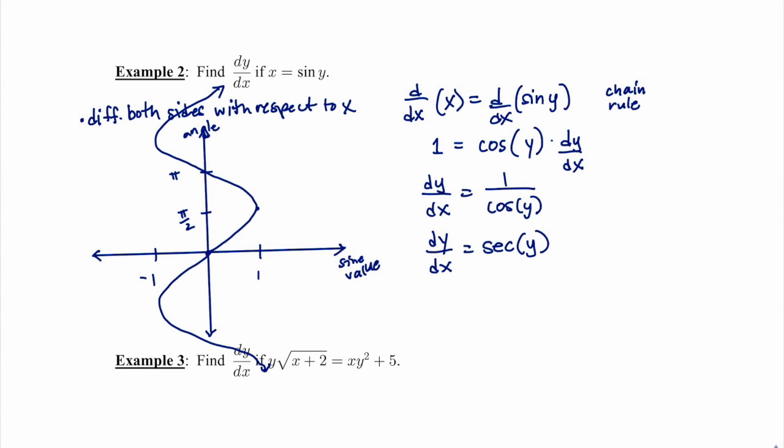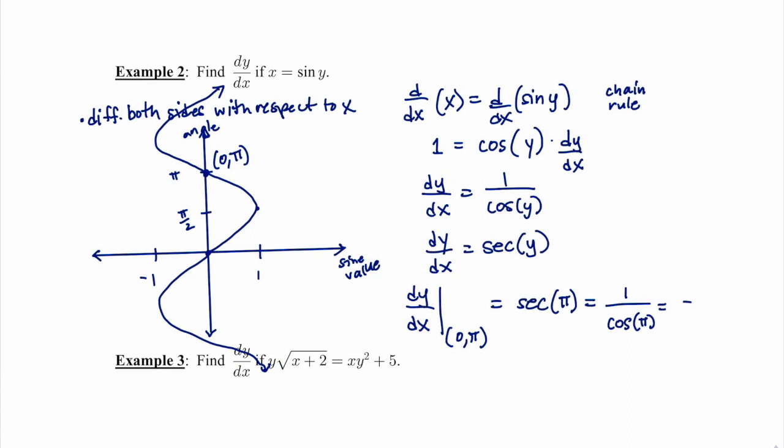Let's find the slope at this point, 0 pi. So dy dx at the point 0 pi would be secant of pi. And cosine of pi is -1, so that would be 1 over cosine of pi, which is 1 over -1, so -1.